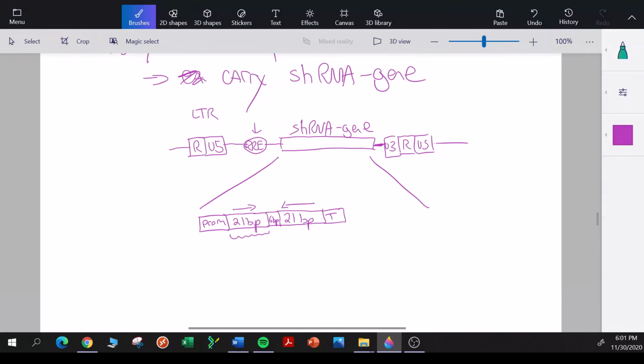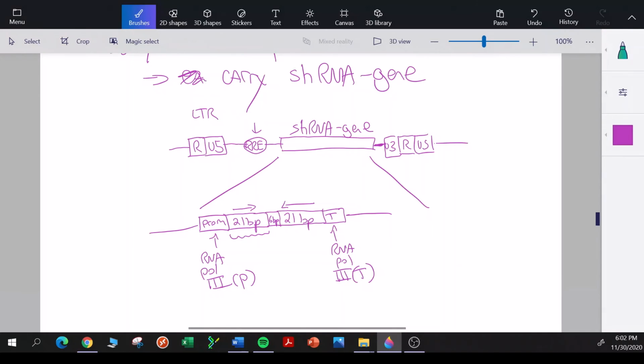Now, we haven't talked much about these types of promoters, but typically it's an RNA polymerase 3 promoter and an RNA polymerase 3 terminator. And that's it.